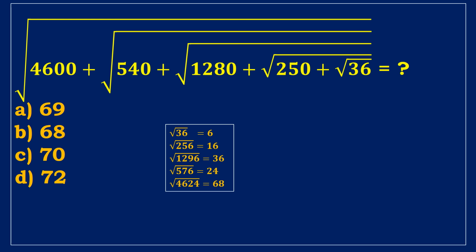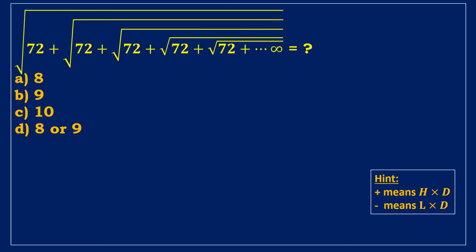The square root of 576 is 24. Then, it is added to 4600, and the value becomes 4624. The square root of 4624 is 68. Let us look at a final example in the nested radical function.